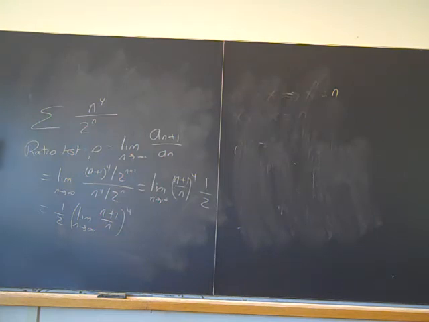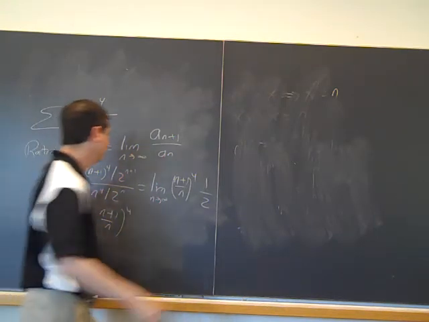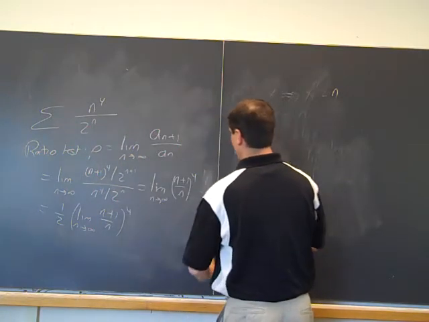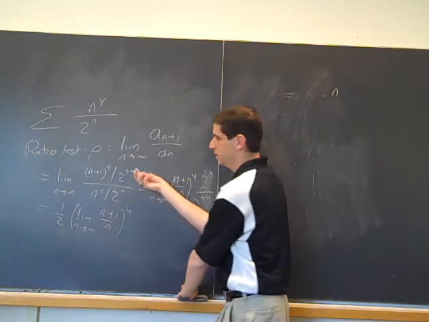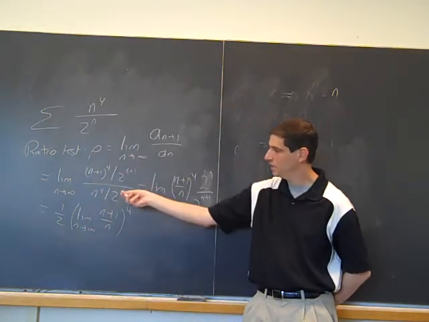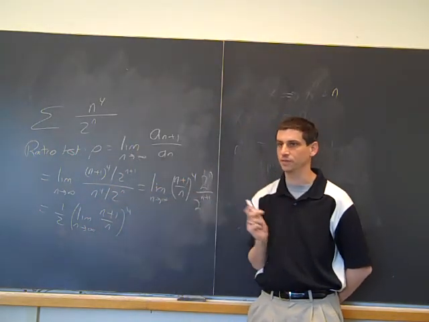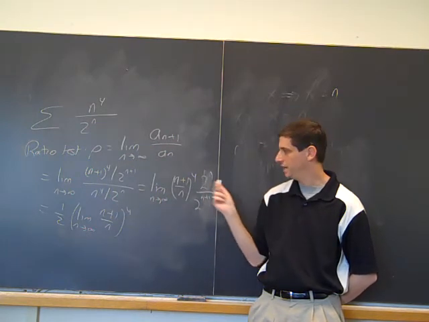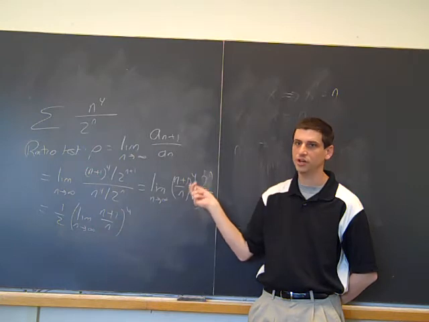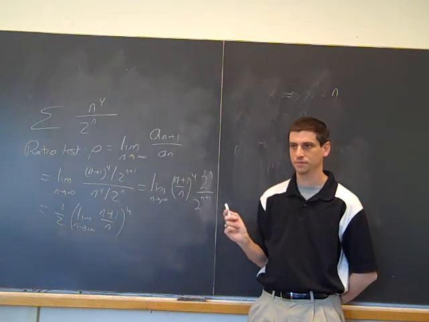So why is it 1/2 going to be 2^n over 2? I mean, if you want to, I could write it more slowly as 2^n over 2^(n+1). Because here the 2^(n+1) is in the denominator. This now comes up to the numerator. Oh, I see. And so this is then going to give me a 1/2. And now I just use the limit of a product is the product of the limits.